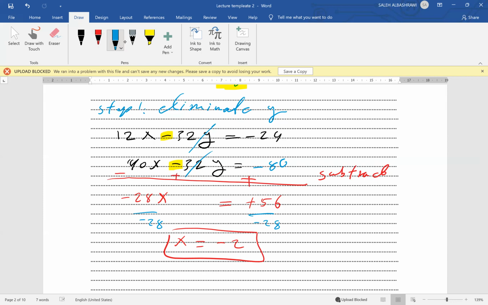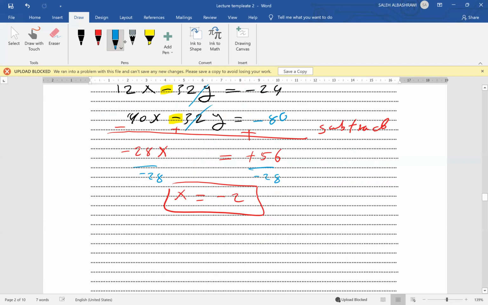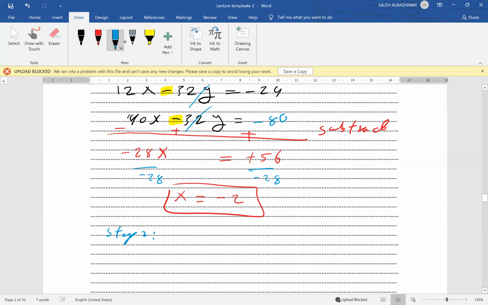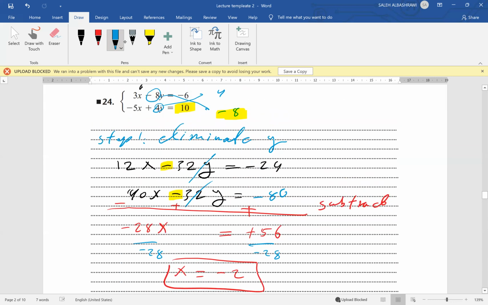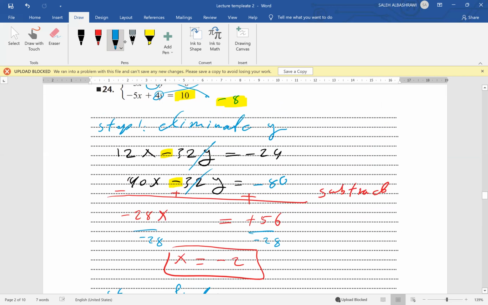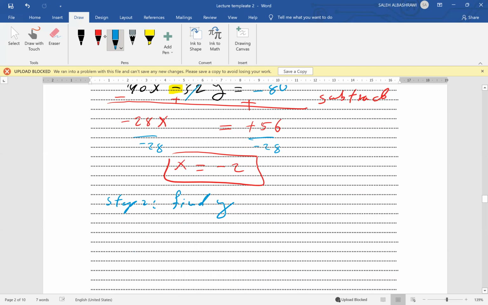Now I need to find the value of y. This will be the second step. We need to find the value of y. I can choose any one of the equations, either the first equation or the second equation. If we use the first equation, I have 3x minus 8y equal to minus 6. So I replace x by minus 2. I will have 3 multiplied by minus 2 minus 8y equal to minus 6.